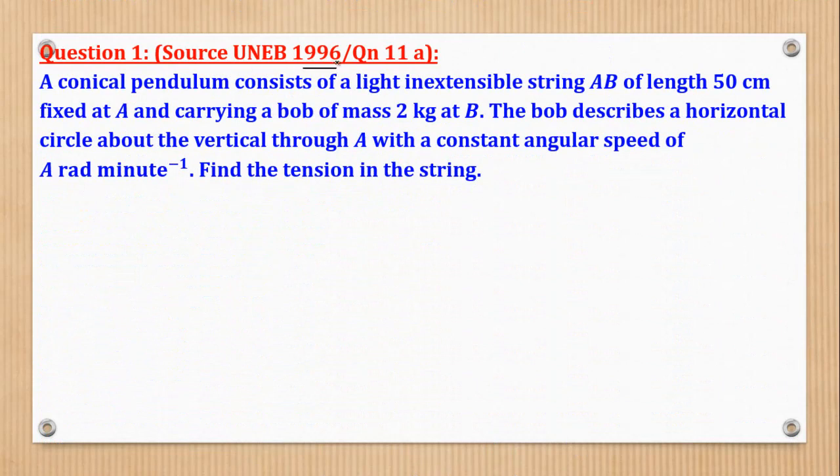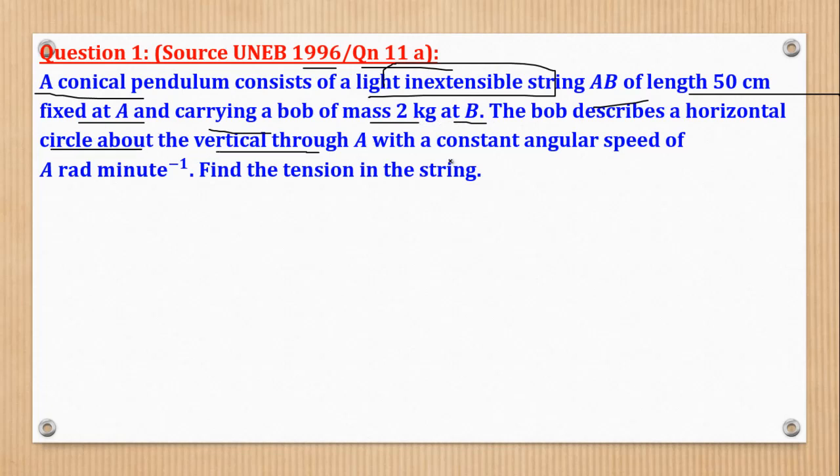Question 1 came from UNEB of 1996, paper 2, question 11A, and says, a conical pendulum consists of a light inextensible string AB of length 50 centimeters, fixed at A and carrying a bob of mass 2 kilograms at B. The bob describes a horizontal circle about the vertical through A, with a constant angular speed of A rad per minute.